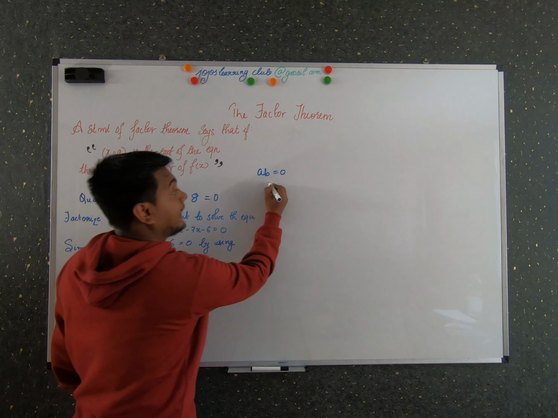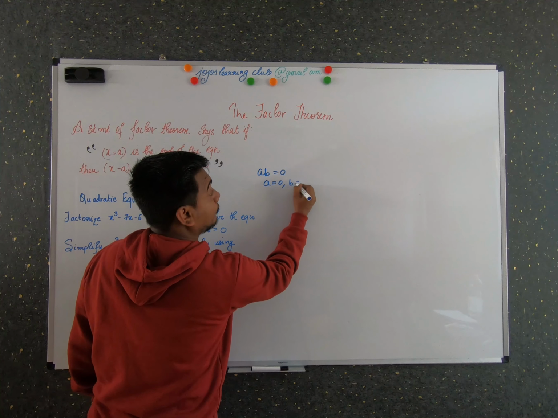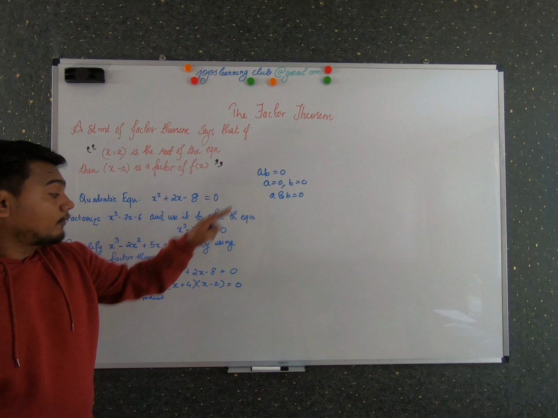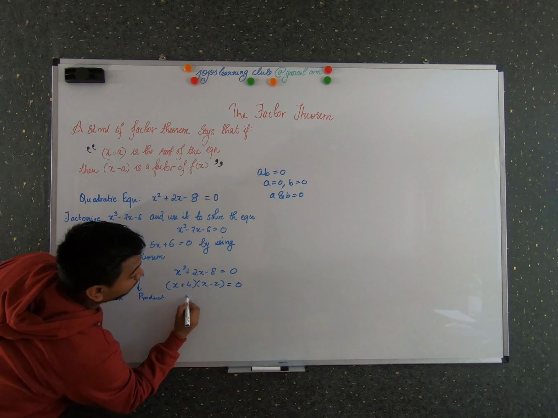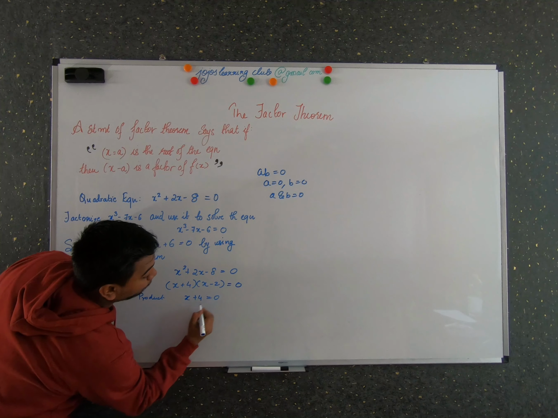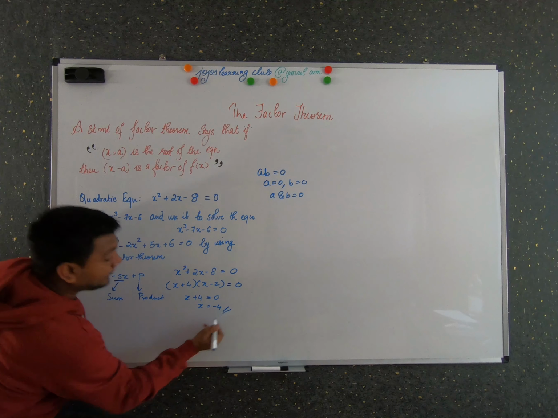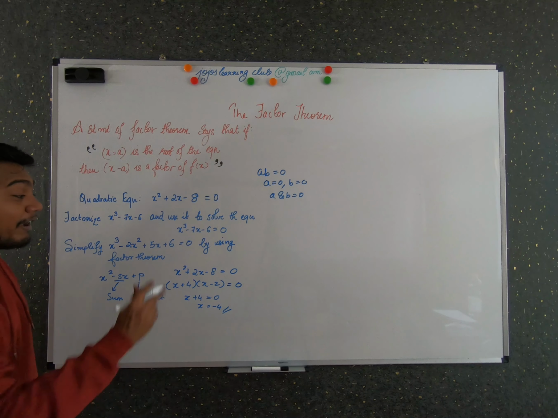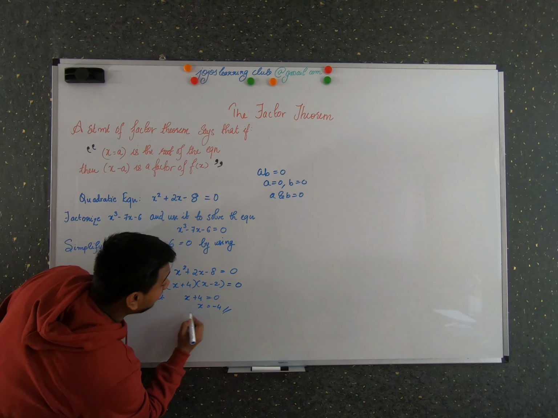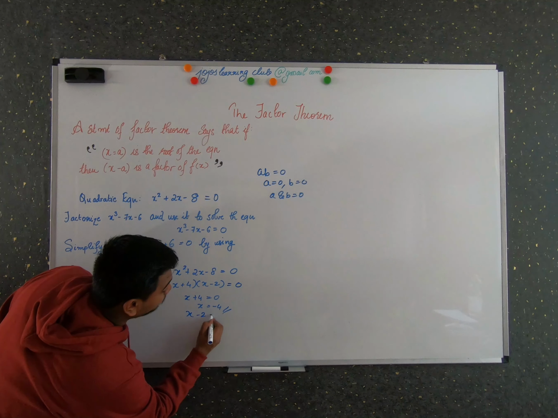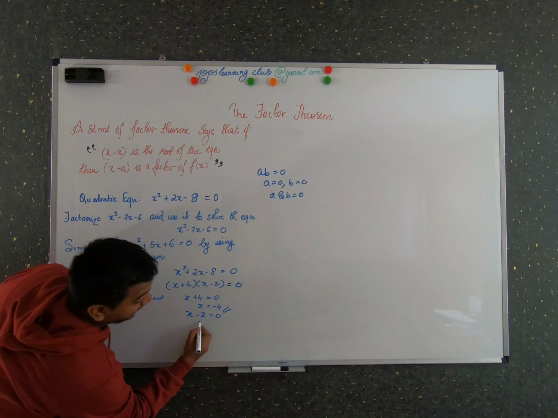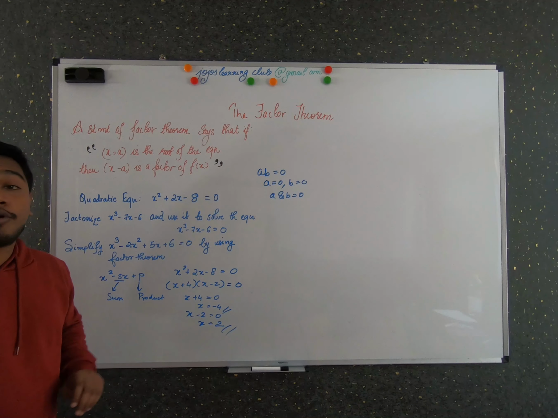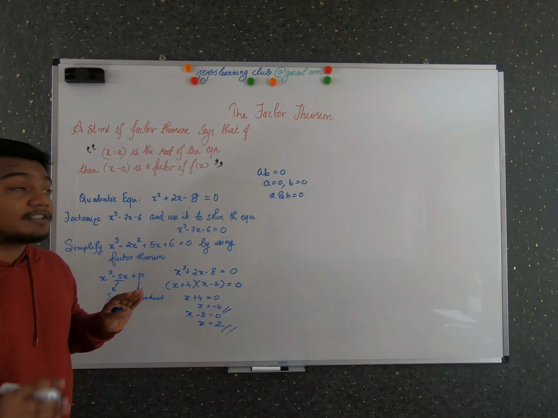Either a can be 0 or b can be 0, or a and b are both zero. So by this method, x plus 4 is equal to 0, so x is equal to minus 4, and this is a root of this quadratic expression when equated to 0. The next one is x minus 2 is equal to 0, so x is equal to 2. So x is equal to 2 and minus 4 are the roots of this equation.